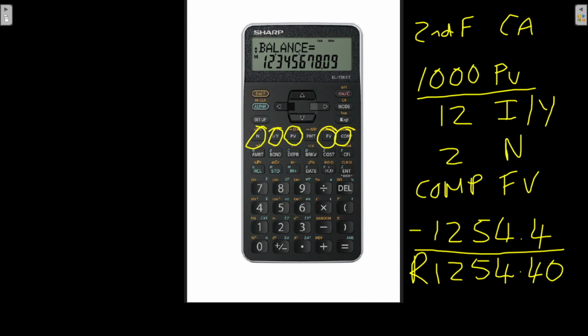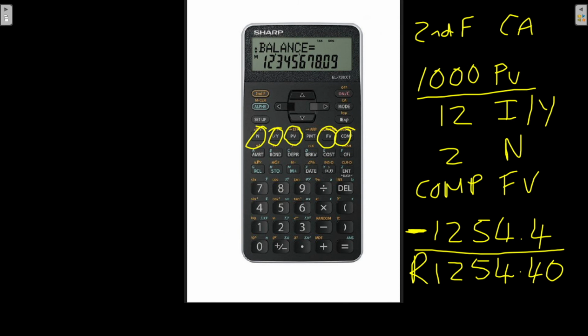Usually we will indicate an inflow of money with a positive and an outflow of money with a negative. So in this case, the person borrowed 1,000 rands. If you borrow money, you start out by getting money. So that's why it was a positive. And then in the end, after the 2 years, you have to repay that money and the interest. So that's money out of your pocket. That's why the answer was then in a negative.